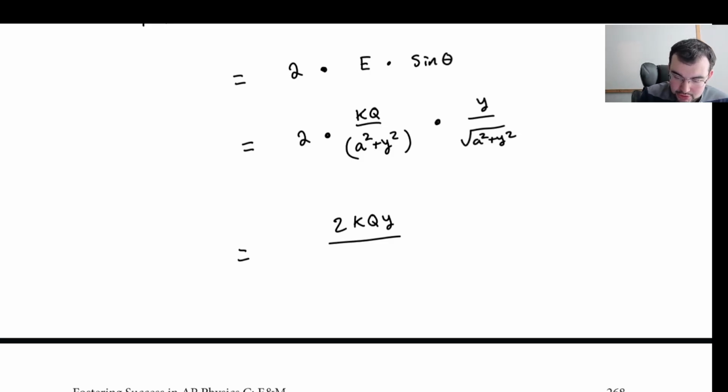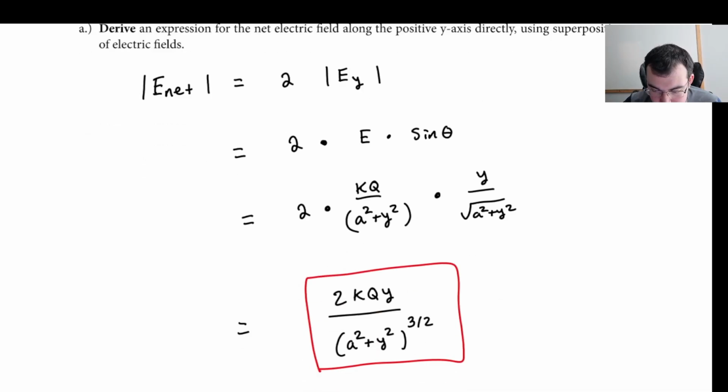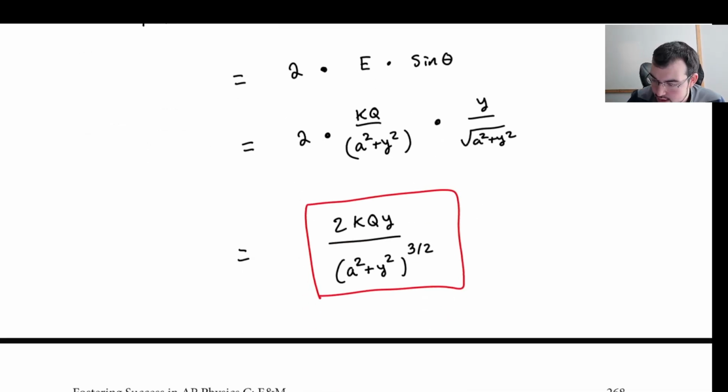So the non-rooted term is to the 2/2. So we have 1/2 and 2/2, which makes 3/2. Did I ask about direction? Yeah, I guess I did. And this, we know that the field is going to be up for positive values of y. So you can tack on a little j hat.